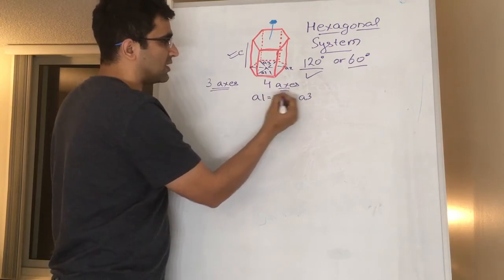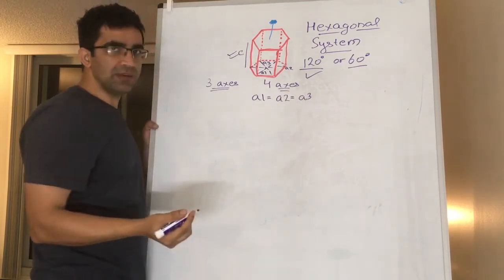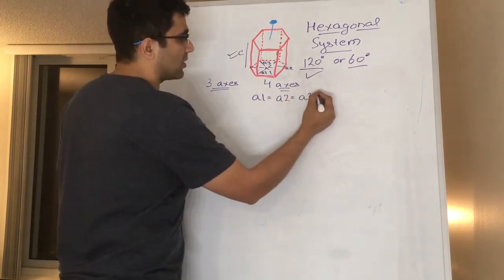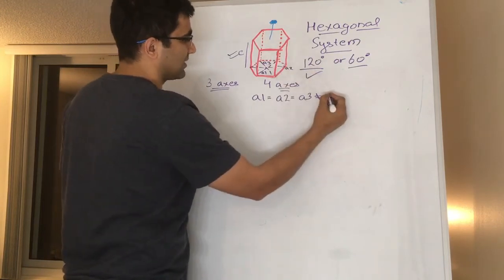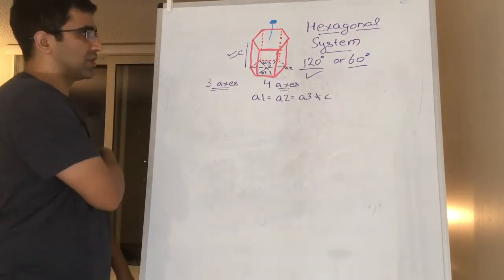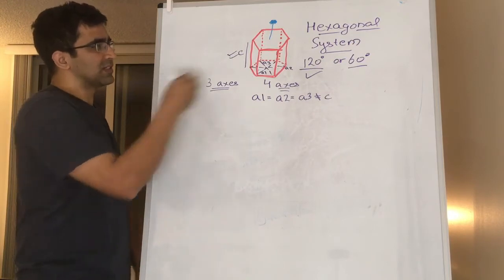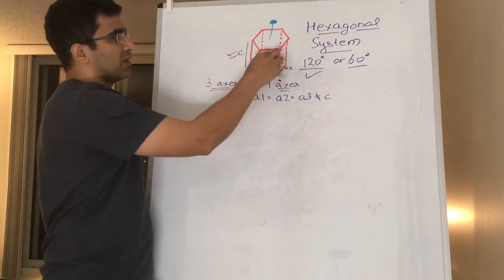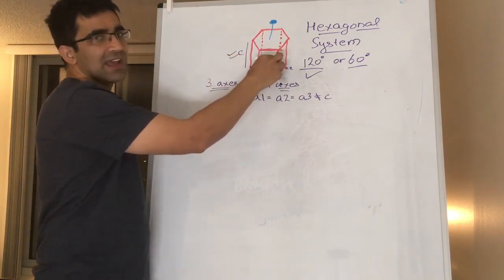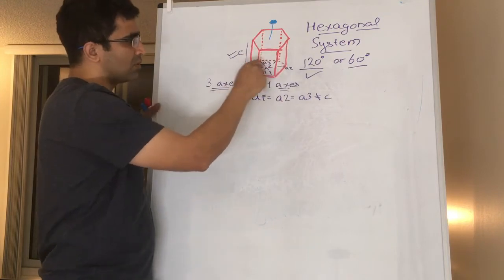So A1 equals A2 equals A3, and is not necessarily equal to the C axis. That is the condition that we have. The C axis length could be bigger or smaller than the axes on this plane.